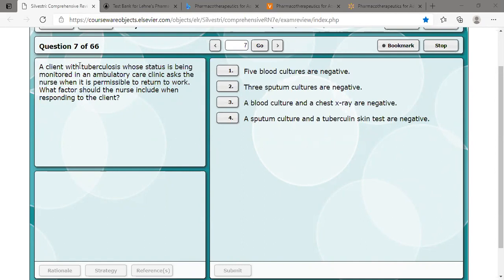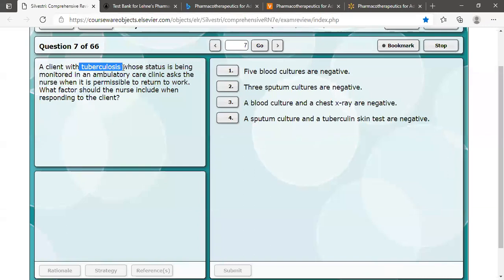So keep in mind that tuberculosis has some risk factors like malnutrition, overcrowded living conditions, poor socioeconomic status, IV drug use, or immune dysfunction. They easily get infected by TB or tuberculosis.